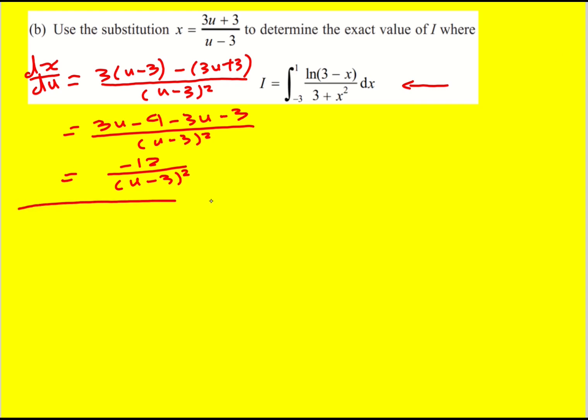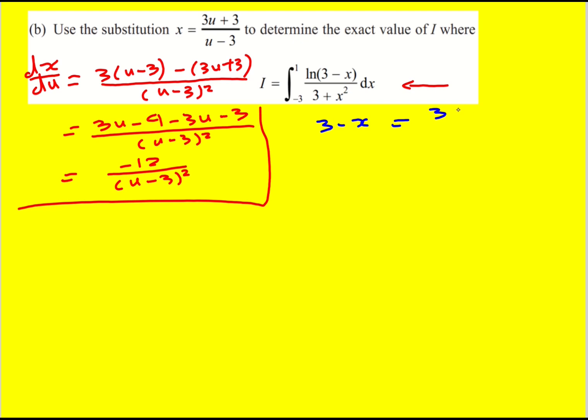What I'm then going to do, I'm just going to park that over here, is I want to be subbing in for x in a minute. But rather than just subbing it all straight in, let me do it in stages. Let's work out what 3 minus x is. So it's going to be 3 minus 3u plus 3 over u minus 3. So I'm going to straight away put it over a common denominator.